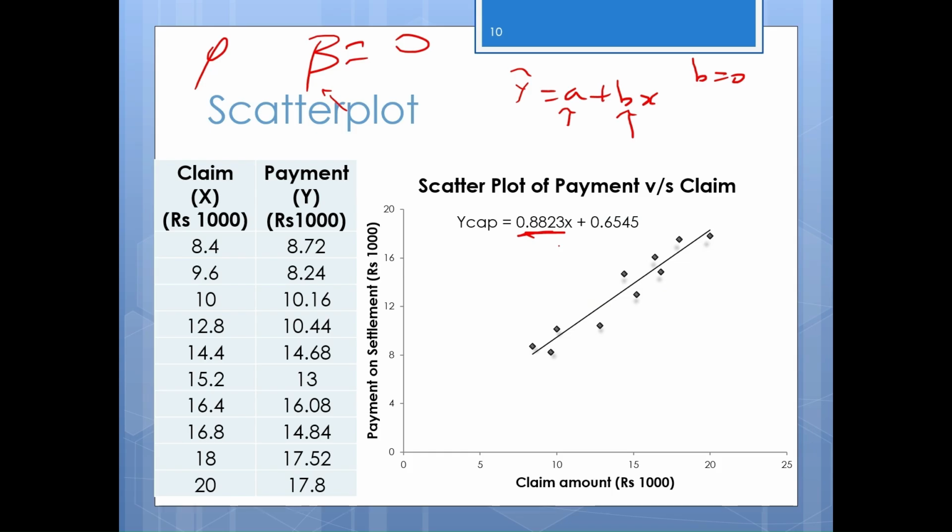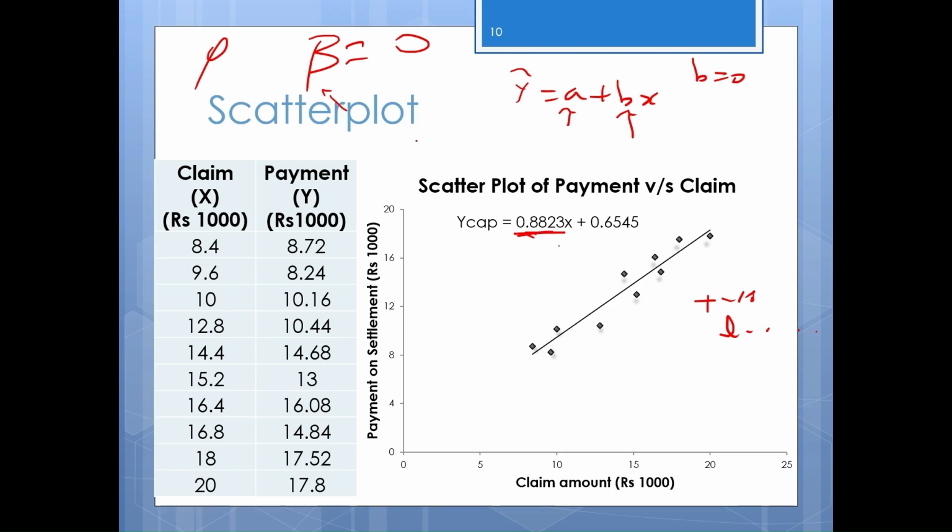Because if you have computed 0.882, showing a positive linear relationship in the sample, and you say this is the same in the population while beta is equal to 0 in the population, that would not make sense. So you need to ensure that whatever you have computed here is coherent with what we have in the population.